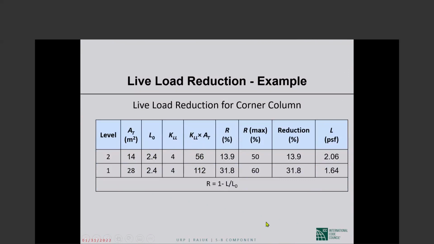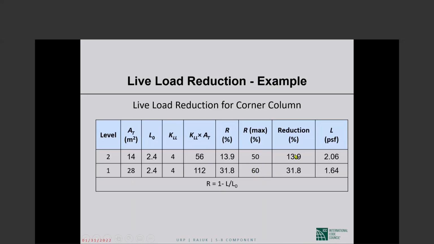So from the live load reduction formula, the reduction comes out to 13.9% based on that area, and 31.8% based on that area. Maximum reduction we can take is 50. We did not hit that here. The maximum reduction we can take is 60. Remember, 2 or more floors. We cannot go below 40% of unreduced live load, means we cannot take more than 60% reduction.